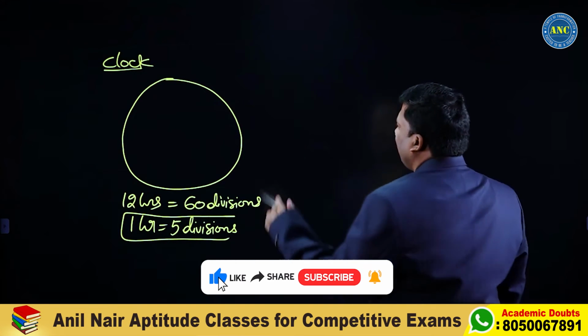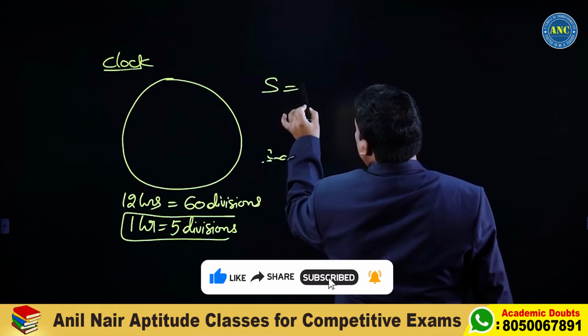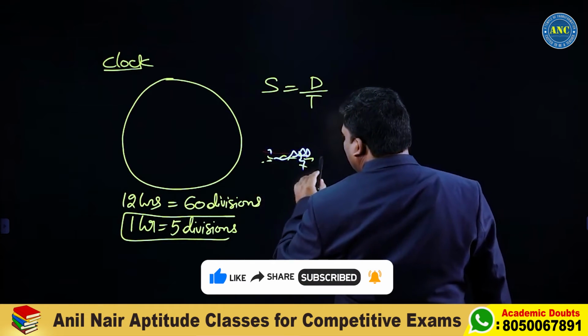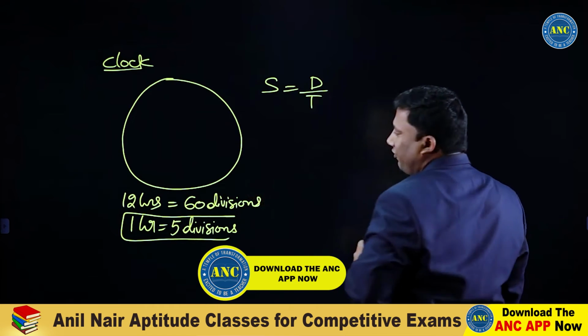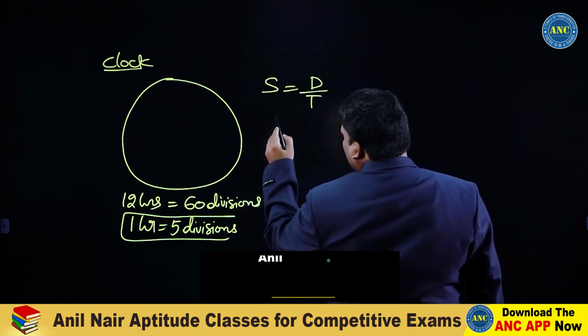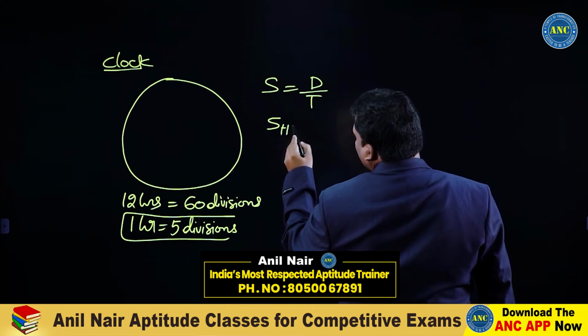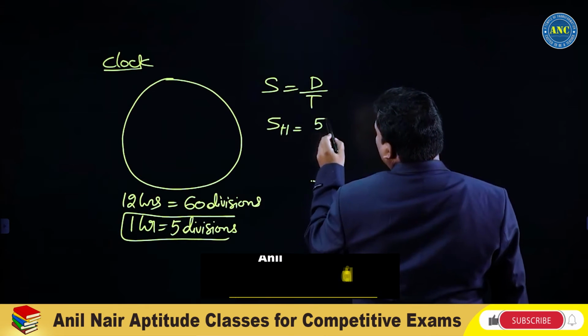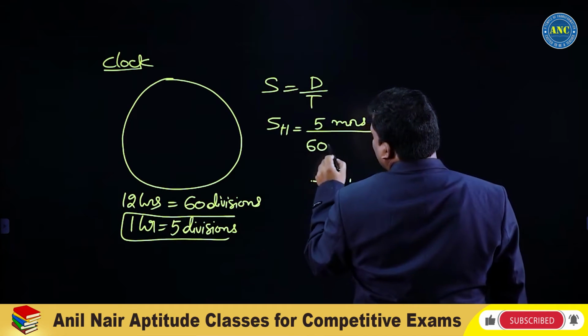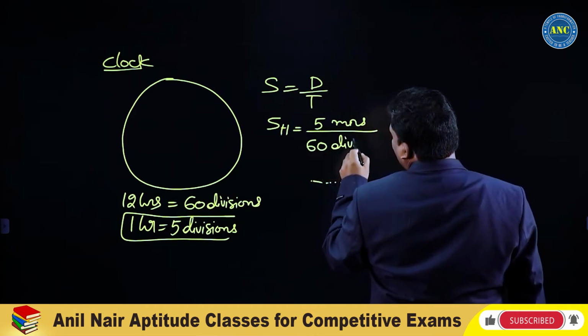Now listen carefully. Speed is equivalent to distance by time. Speed of hour hand: in 1 hour, it will travel 5 divisions. Total divisions it has to travel is 60.